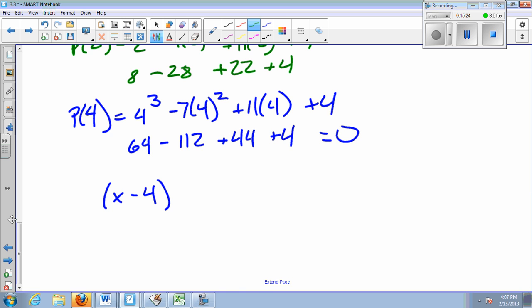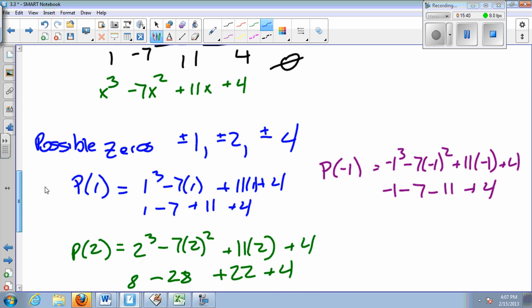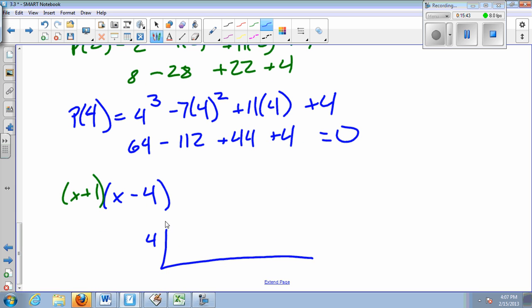And earlier we had x plus 1. So now we use 4 and synthetic division once again. X cubed, so 1, negative 7, 11, and 4. Synthetic division: 1, 4, negative 3, negative 12, negative 1, negative 4. Yay, it worked.